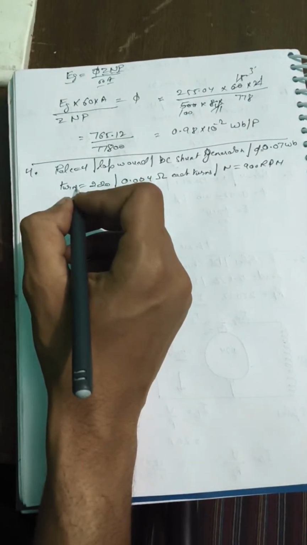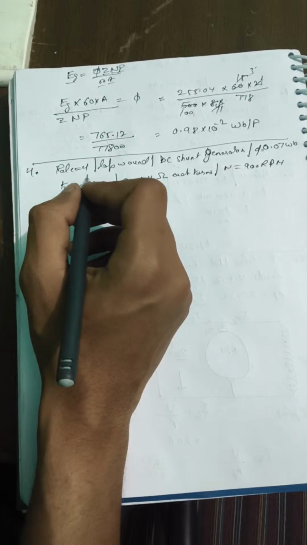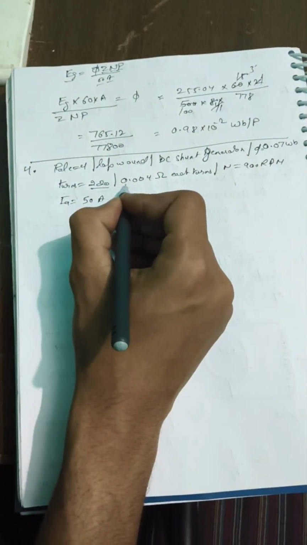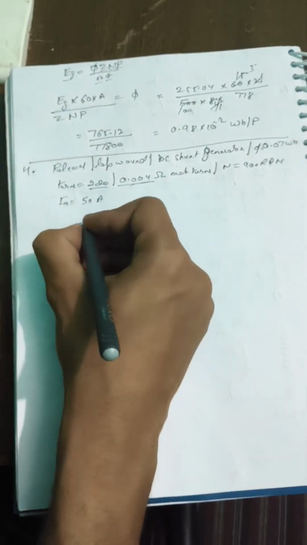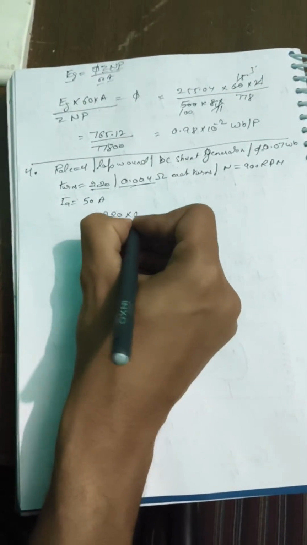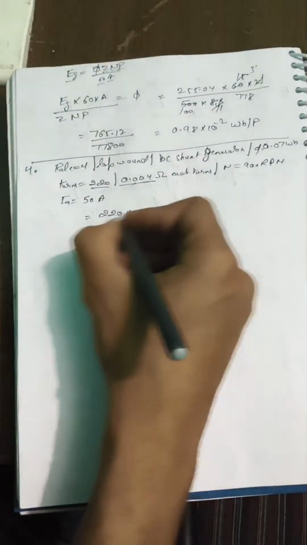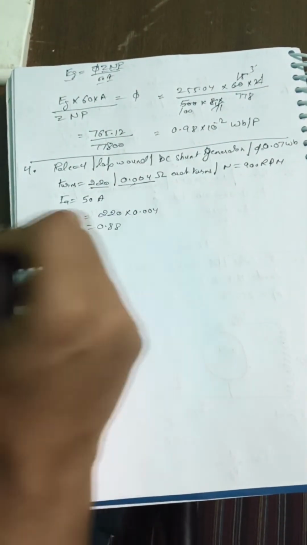So what we have to do is, firstly find the armature resistance. Firstly, 220 turns and the resistance of each turn, so it will be equal to 0.88. Now it's not actually the resistance, because the armature winding resistance doesn't depend directly on the number of turns.